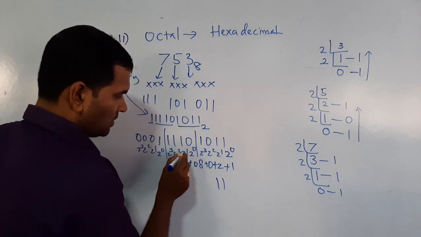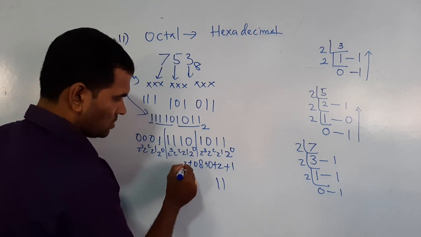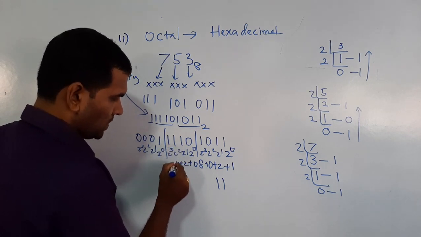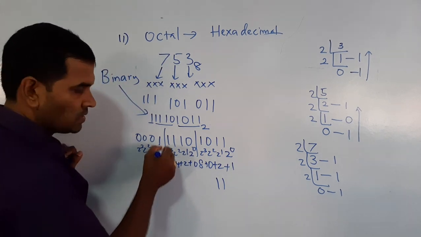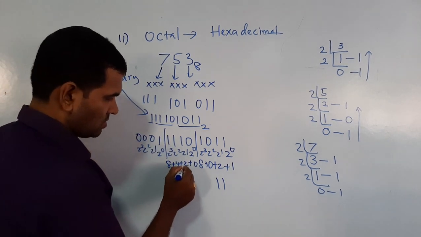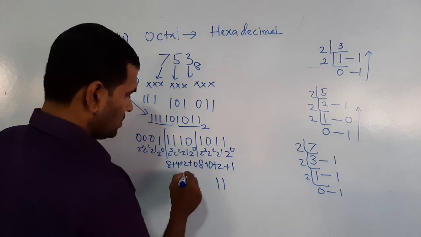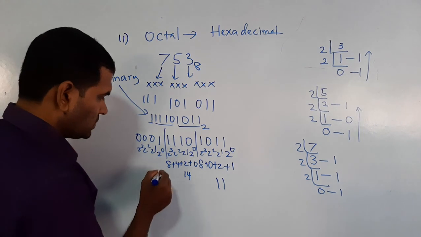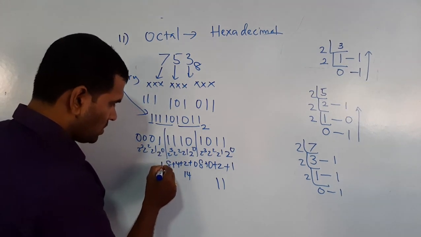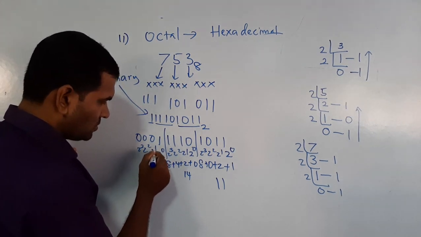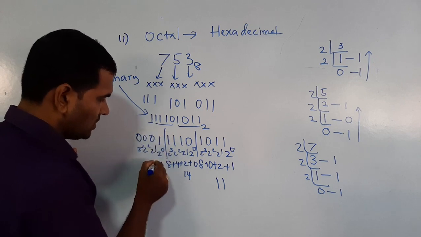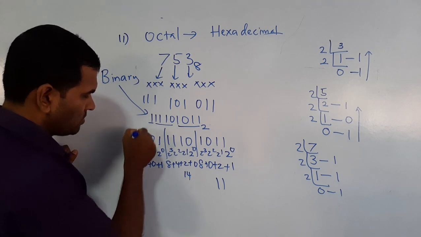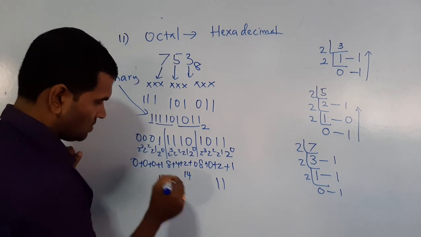Plus 2 to the power 1, 2, 2 into 1, 2. Plus 2 to the power 2, 4, 4 into 1, 4. Plus 2 to the power 3, 8, 8 into 1, 8. So add all the numbers together, it is 14. The first group: 2 to the power 0, 1, 1 into 1, 1. Plus 2 to the power 1, 2, but 0, so it remains 0. 4, but they are 0, it's 0. 8, but they are 0, 0. It is 1.